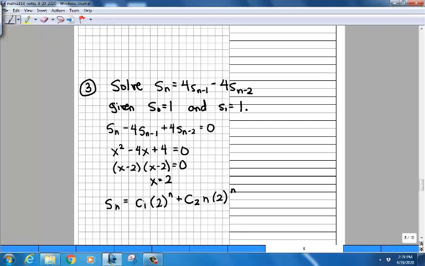So the general solution to our recurrence relation looks like c_1 2^n plus c_2 n 2^n.